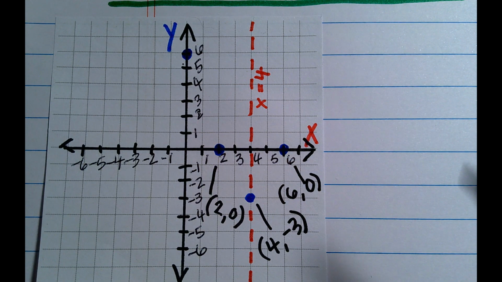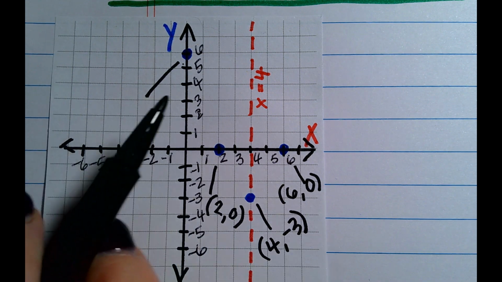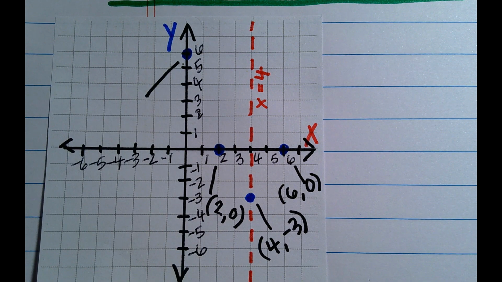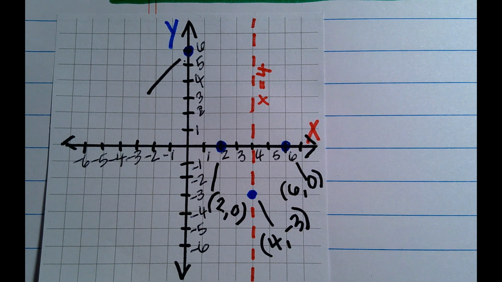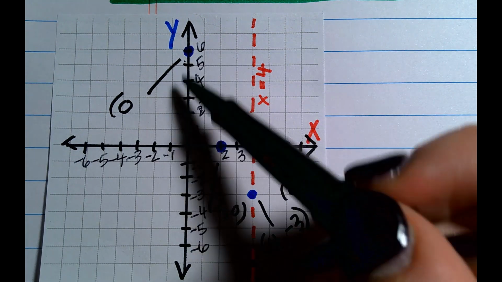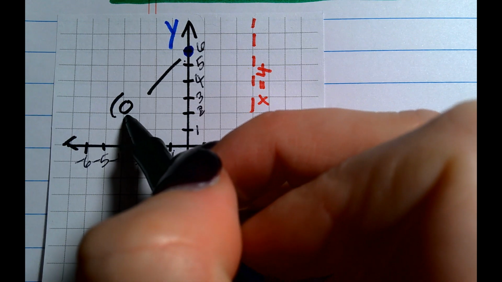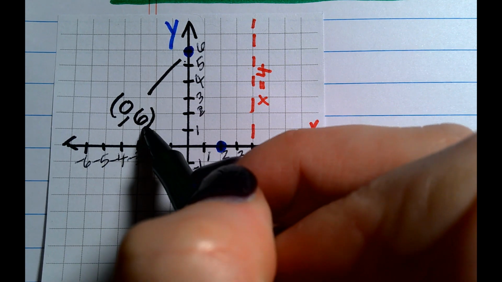And this coordinate can be labeled. What would this coordinate be? The y-intercept would be 6, 0. Flip-flop it. 0, 6. 0, 6, good. The x value comes first. It lines up with 0 on the x-axis. The y value comes next. 6.